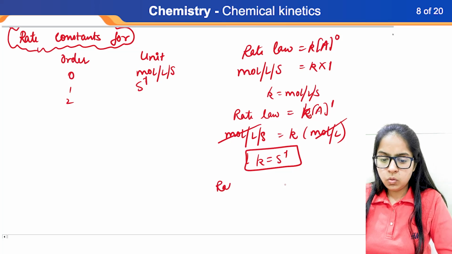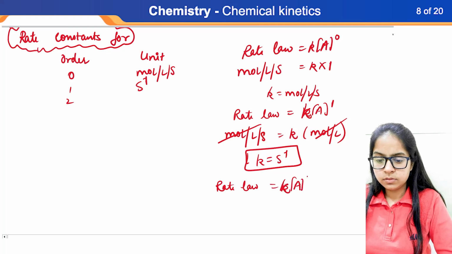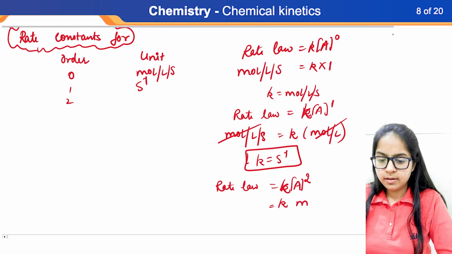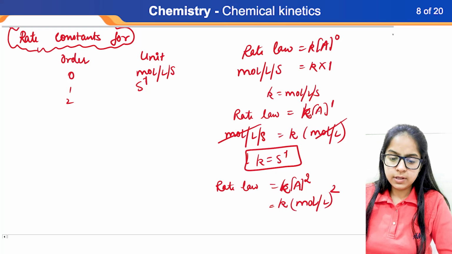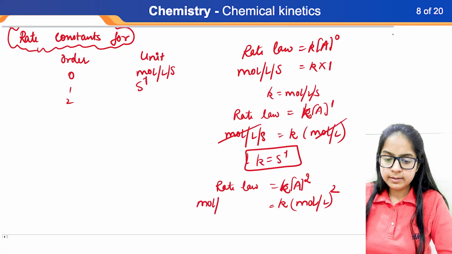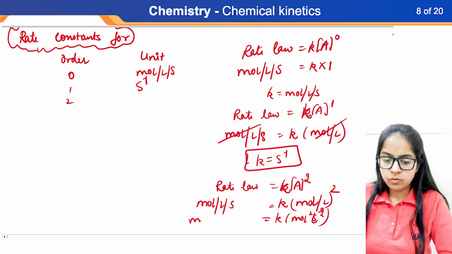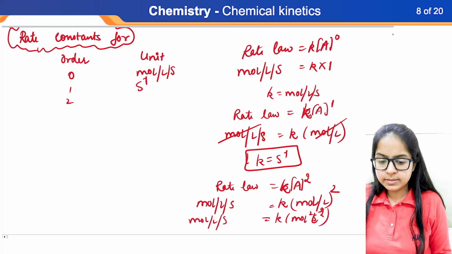Now the rate law, K A power 2. K mole per liter whole square, mole per liter per second, K mole square per liter square, mole per liter per second.